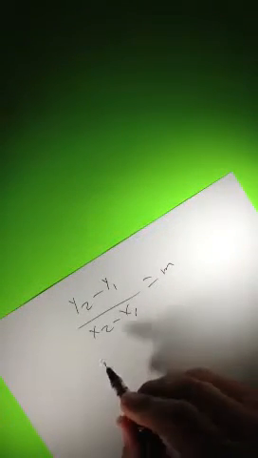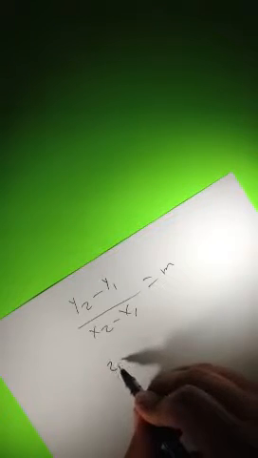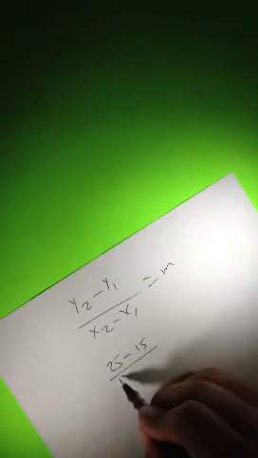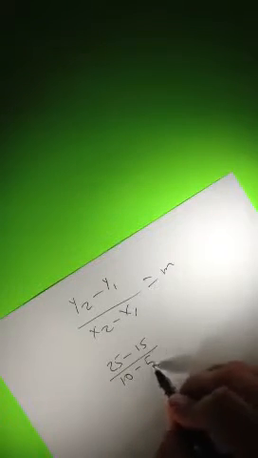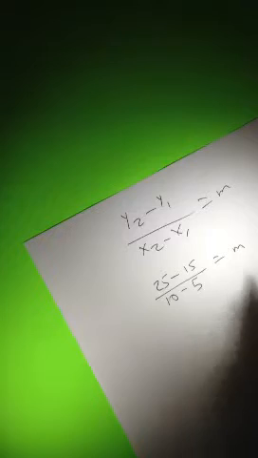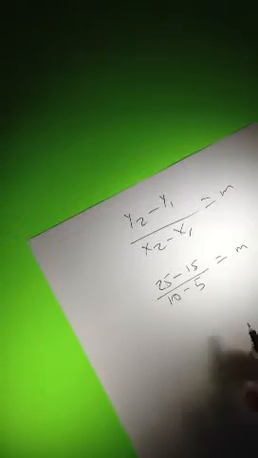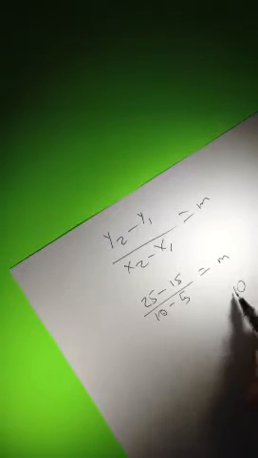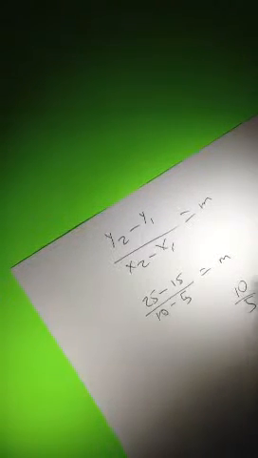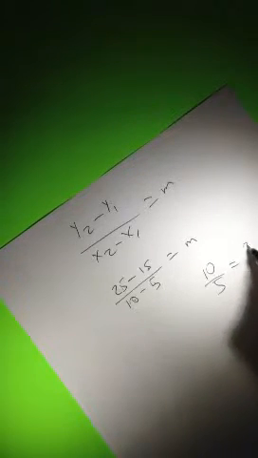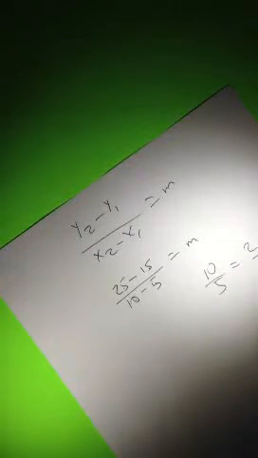So I will input the numbers I have chosen, which are 25 minus 15 over 10 minus 5 equals m. So I will have 25 minus 15 equals 10. 10 minus 5 equals 5. This could then be simplified to equal 2 over 1, or just 2.